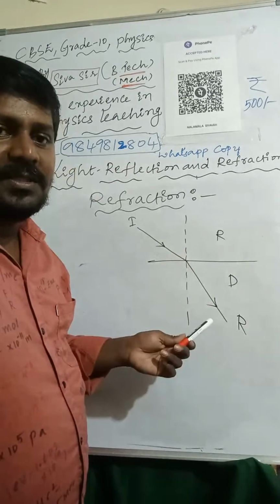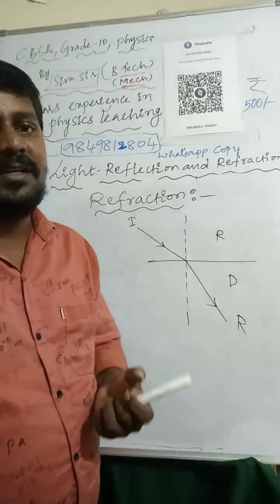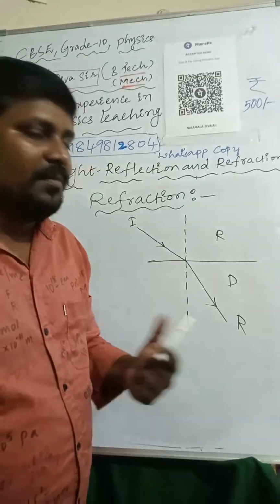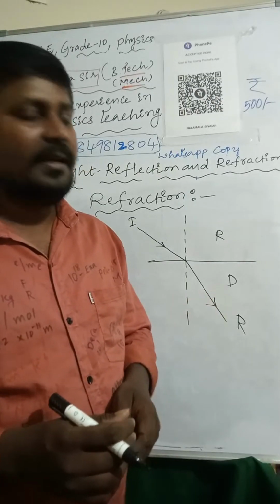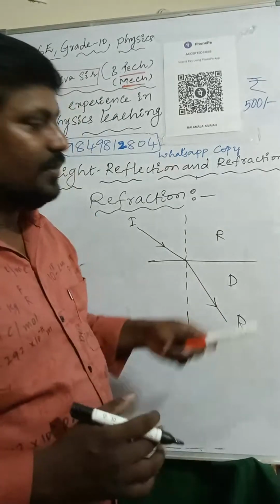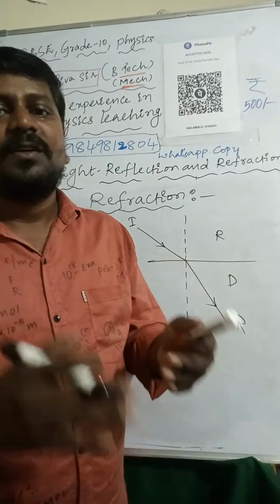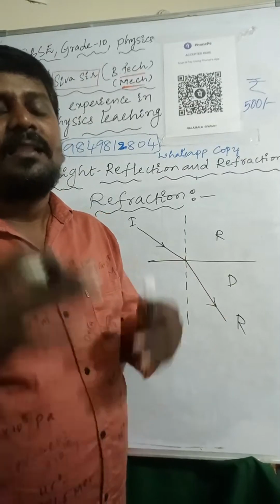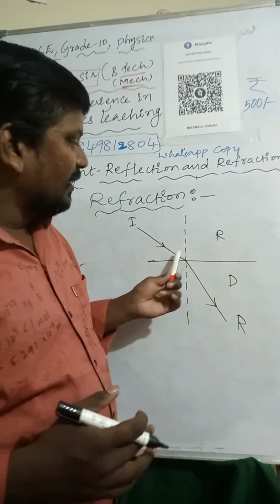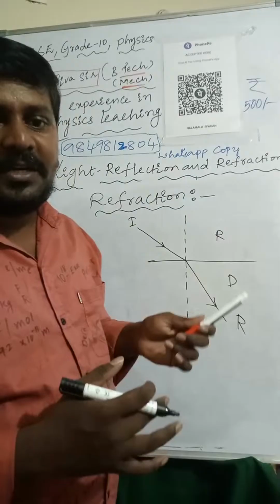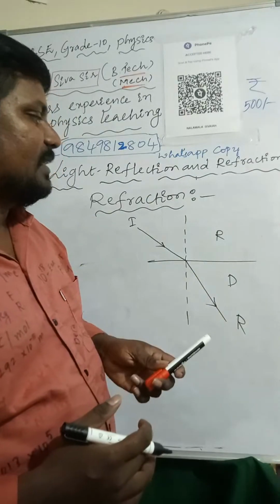A simple definition, so you can remember it easily: the bending of the light ray at the interface of the two media is called refraction.